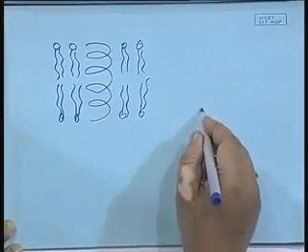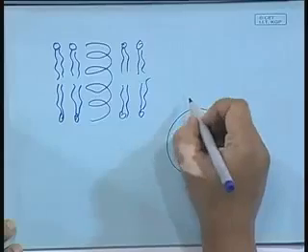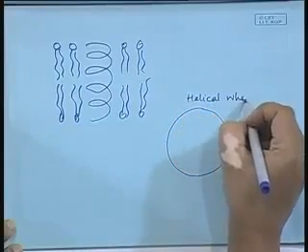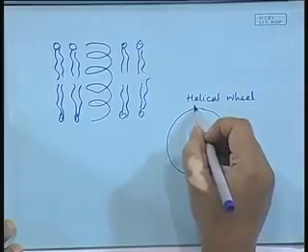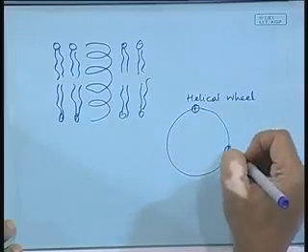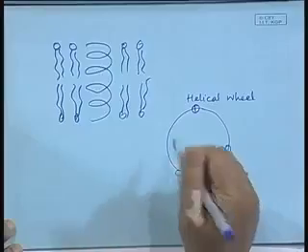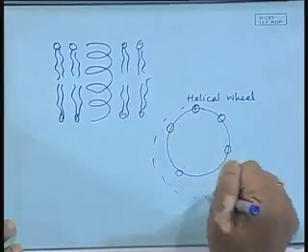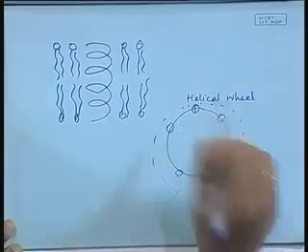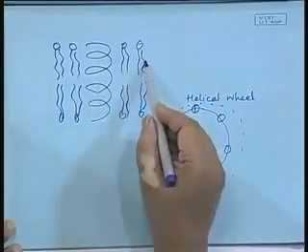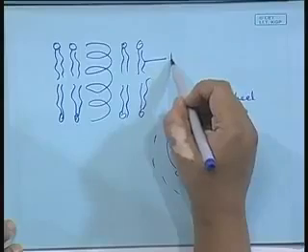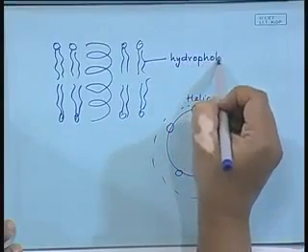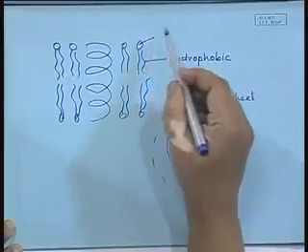If I construct a helical wheel, say my helical wheel, and I have my different residues, say 1, 2, 3, 4, 5 and so on and so forth. What do I expect on the surface here? What are these? Hydrophobic. What are these? Polar.